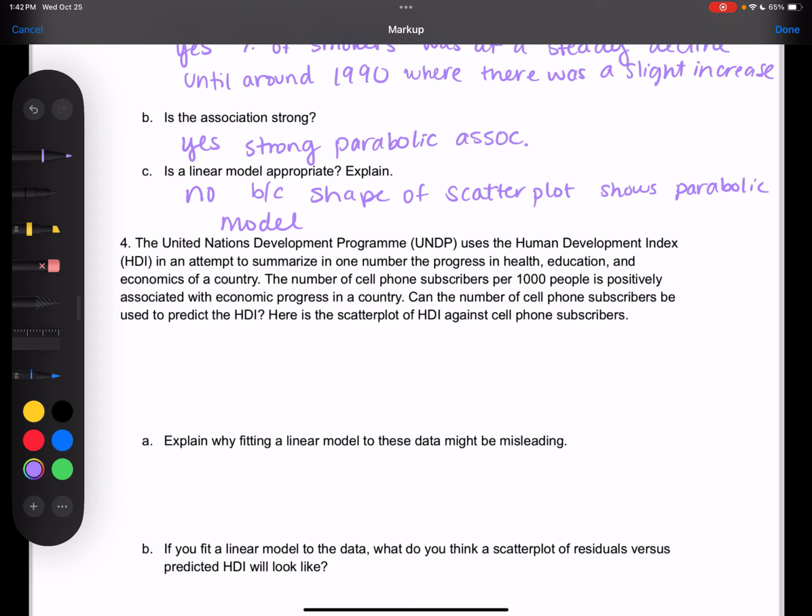Okay, so it doesn't follow a linear pattern. It kind of levels off.